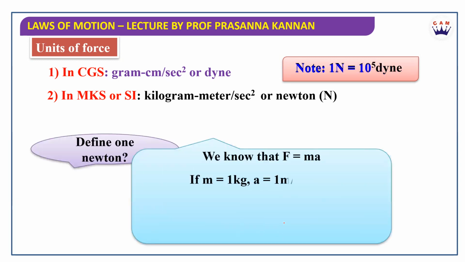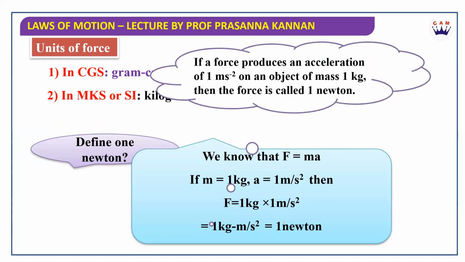So how do you define 1 Newton? We know the formula. F is equal to ma. If F is 1 Newton, m is 1 kg, and a is 1 meter per second square, then that force is called what? 1 Newton. So how do you define that? If a force produces an acceleration of 1 meter per second square on an object of mass 1 kg, then that force is called 1 Newton. Simple idea.